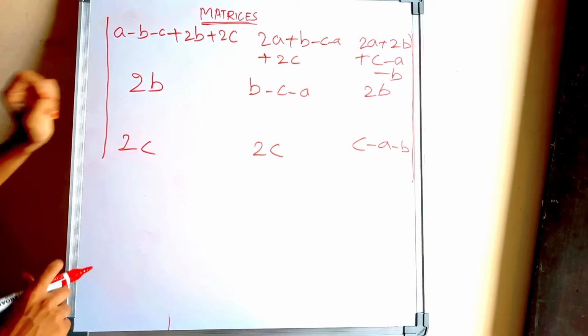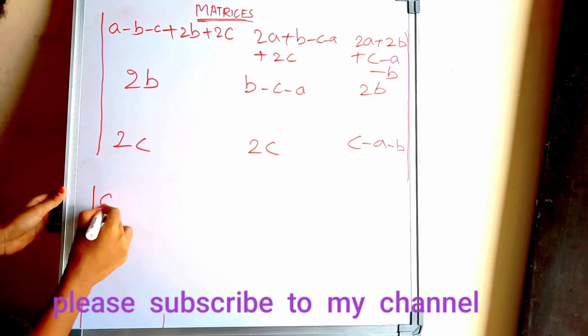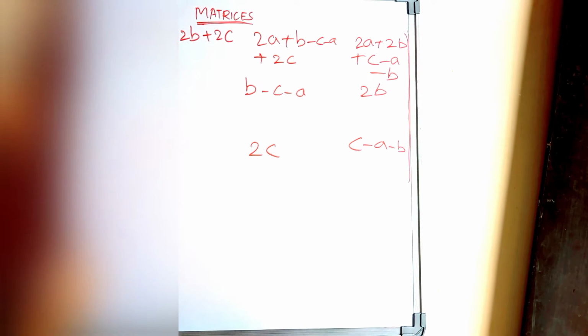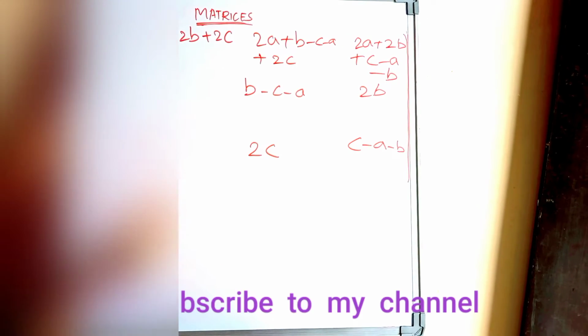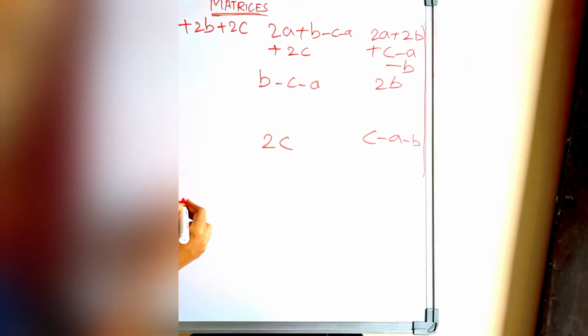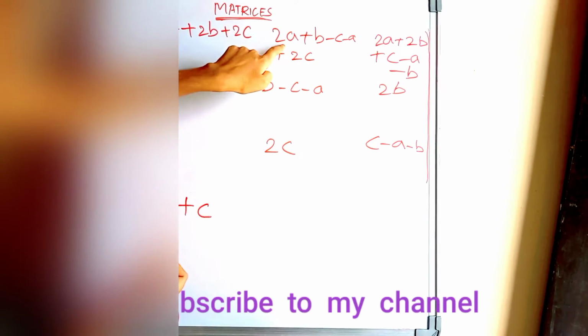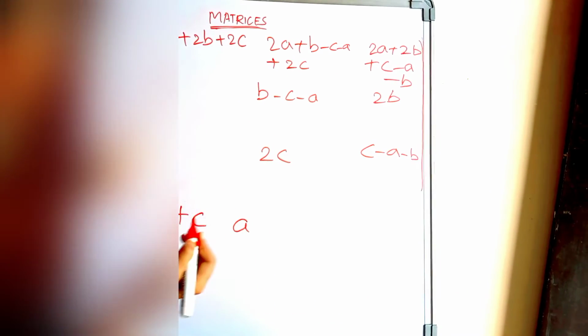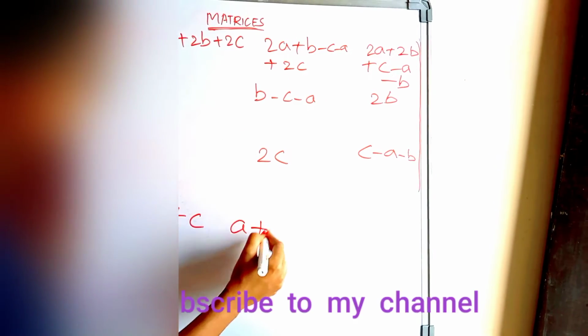A is the only single term there. A minus B plus 2B plus B minus C plus 2C plus C. 2A minus A, A only, plus B is the single term.